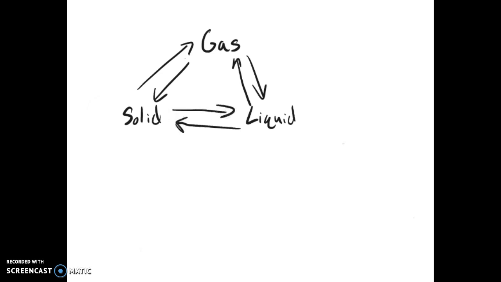Now, if it's a solid already and it's becoming a liquid, we already know what that is. That's melting. If it's a liquid becoming a solid, we can either call that freezing or solidification. That's the more scientific name for freezing.